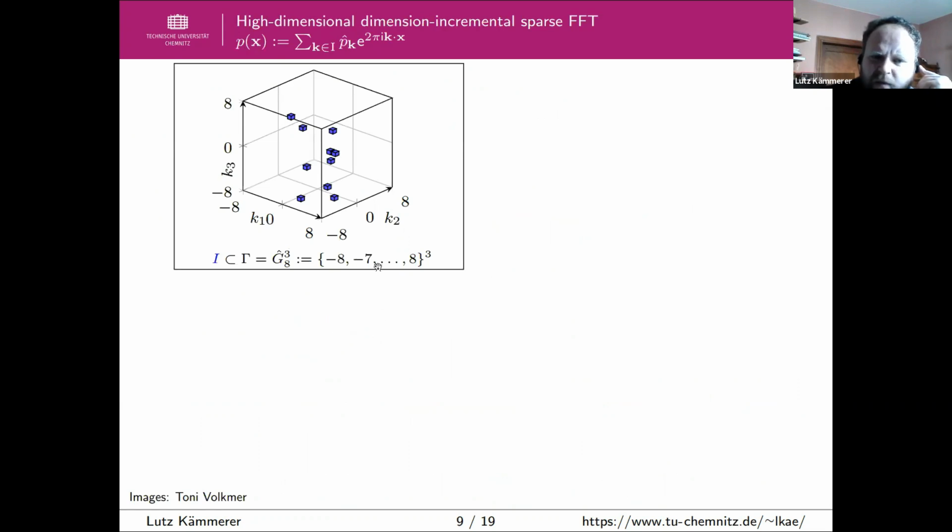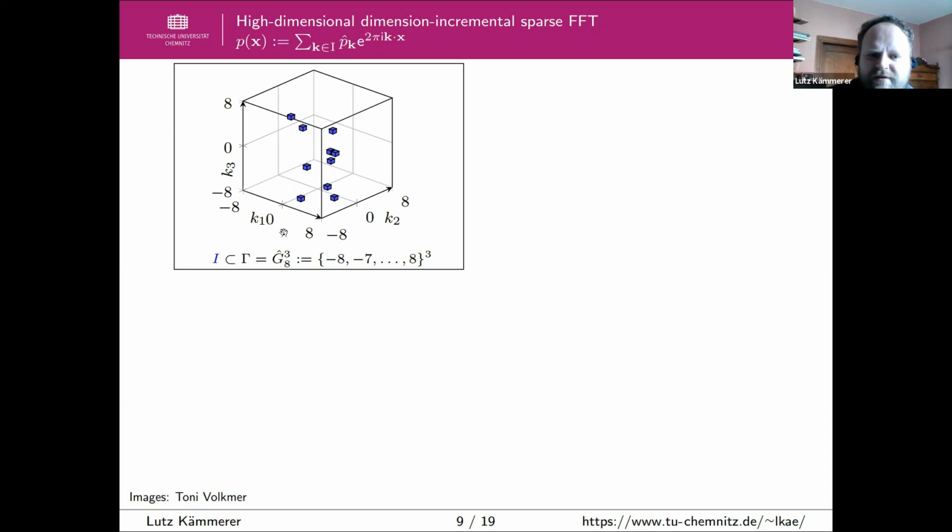So, okay, what is the idea? The idea is the following: you have this high-dimensional thing. So let's say, here it's only 3-dimensional, and even the candidate set is not so big, but let's assume that is our set. And now the question is how to find the blue ones if you do not know them.